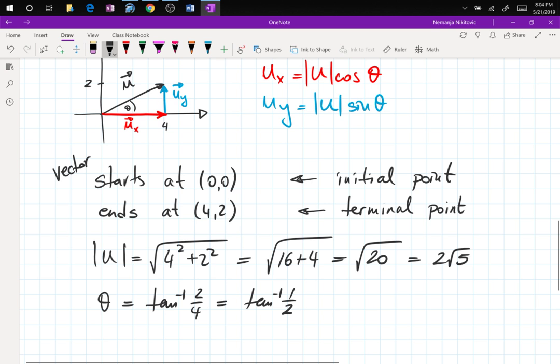Switch your calculator to degrees. Your calculator should always be in radians, but once in a while you have it in degrees. So inverse tangent of 1/2 is about 26.6 degrees. So that's our vector.